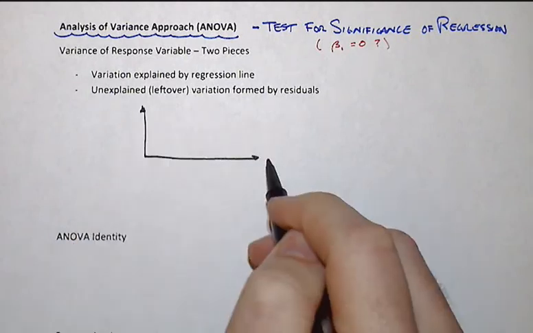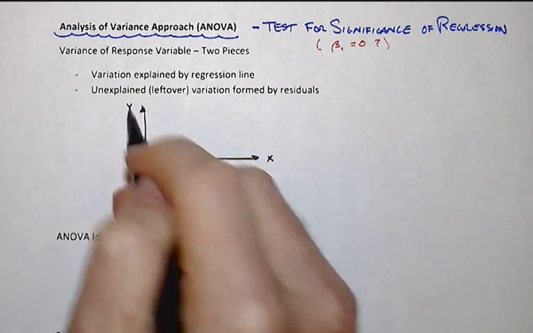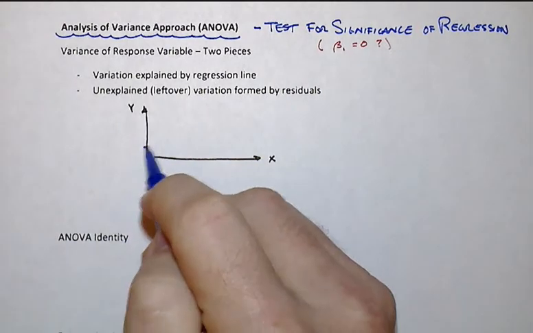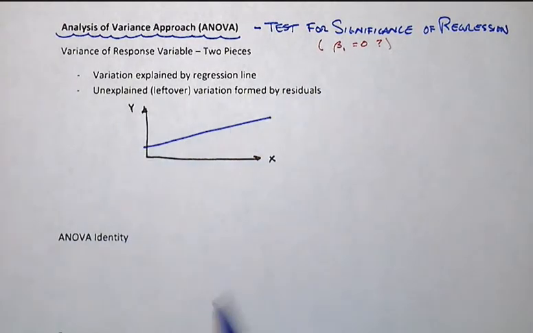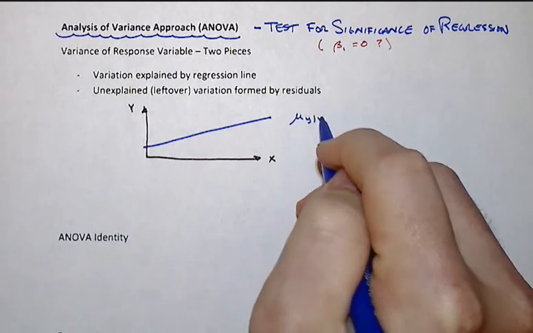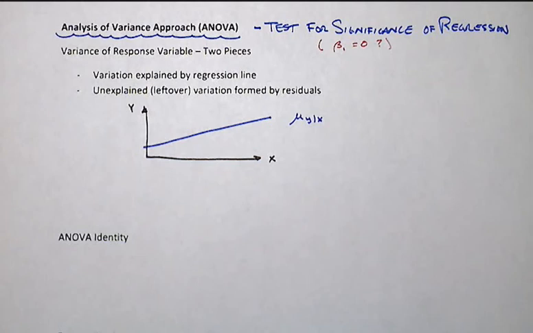So let's go back to a simple understanding that we have a regression line, and remember that was our conditional mean based upon x. That was essentially what that line was.